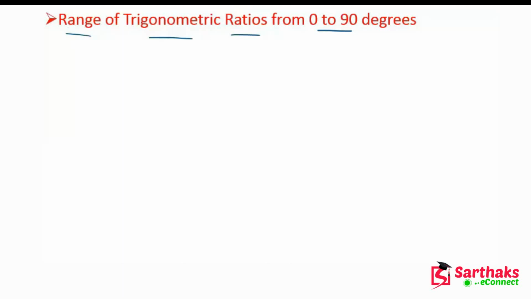If we talk about sine theta, the value of sine theta from 0 to 90 degree is always greater than or equal to 0 but less than or equal to 1. So this is the range of sine theta.